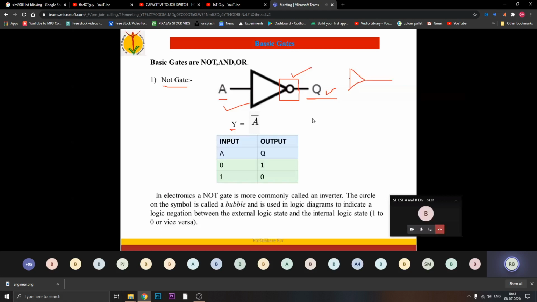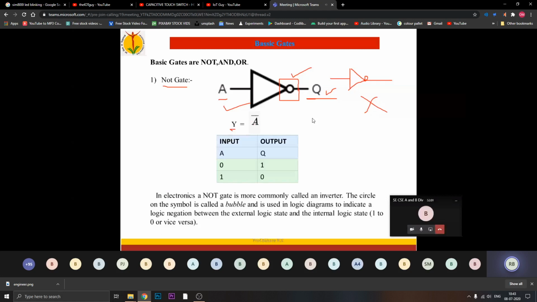So don't forget to assign the bubble. That bubble indicates it is the inverter. What is meant by inverter? The symbol is a complement, in some books also called a bar, that is the complement of the input.